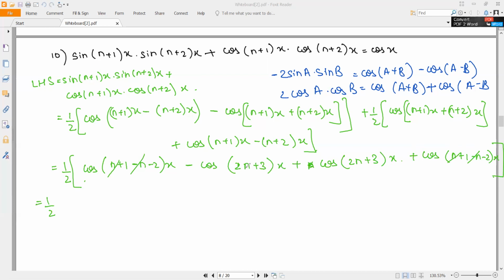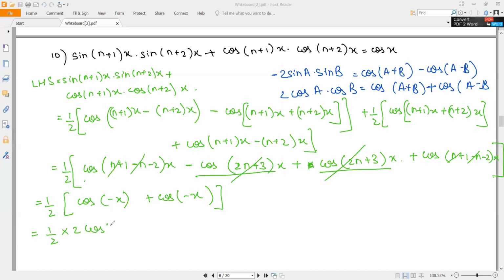Now observe these terms. Observe the signs. This is negative and this is positive with the same angle. So these two terms will get cancelled. You're left with cos of minus x plus cos of minus x. Now we know that cos of minus theta is equal to cos theta. So 1 by 2 into 2 times cos x. 2 gets cancelled. This is equal to cos x, which is your RHS.